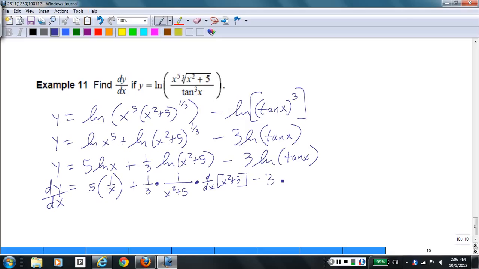Minus 3 times the derivative of the natural log of an expression, which is 1 over that expression, 1 over tangent x times the derivative of tangent x.